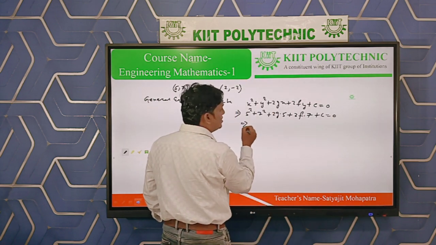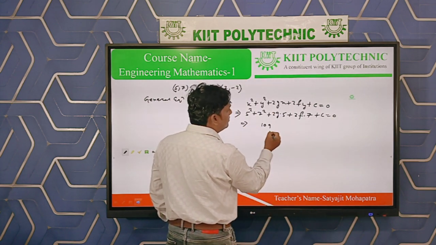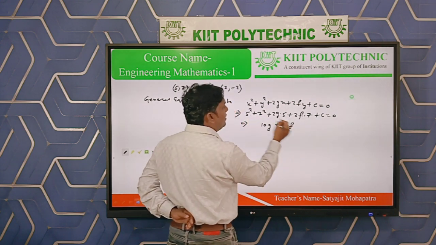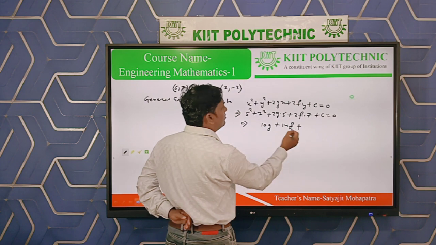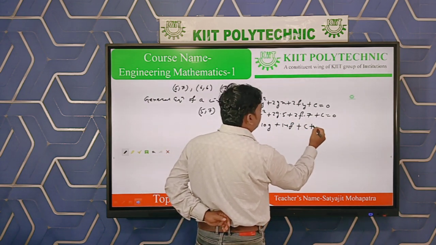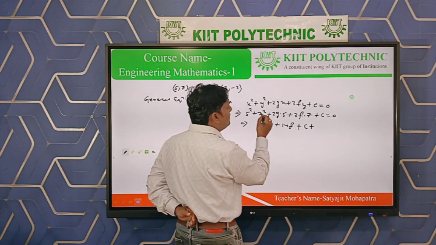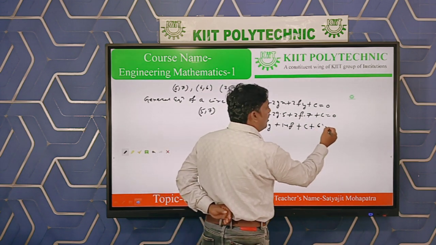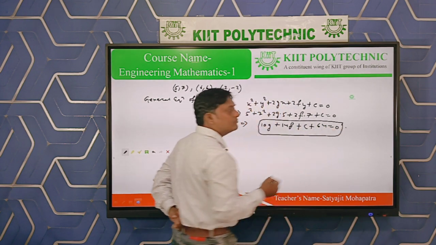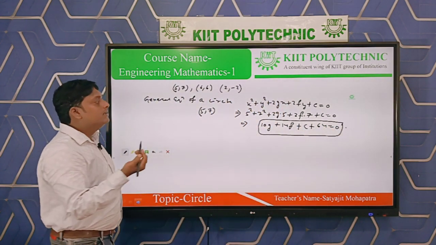Simplify this: 10g plus 14f plus c, and 25 plus 49 becomes 74 equals 0. Equation 1 we got.